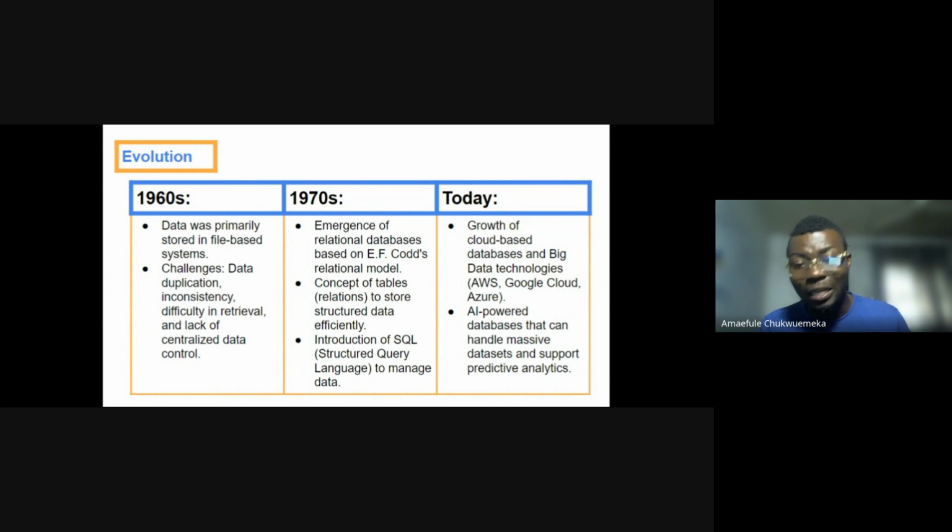They have platforms like Azure, which is owned by Microsoft, a cloud-based storage. Amazon owns AWS, which is a web-based service. And then we have Google Cloud, which is also a big data technology, built, designed, and managed by Google.